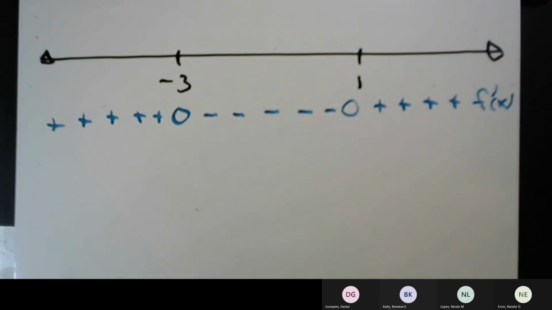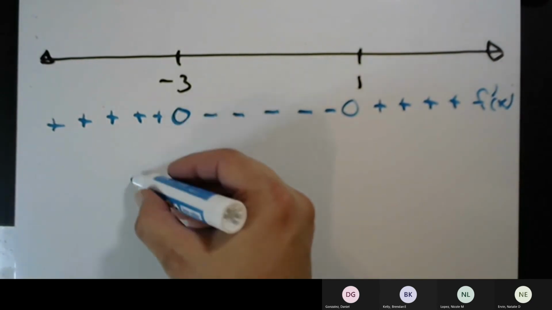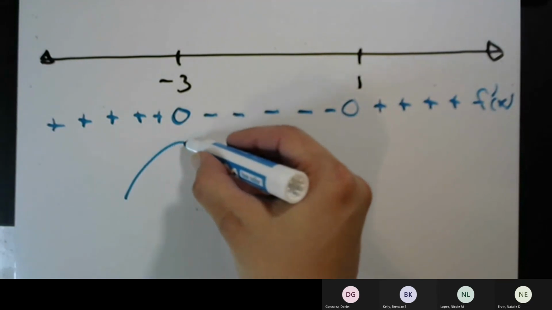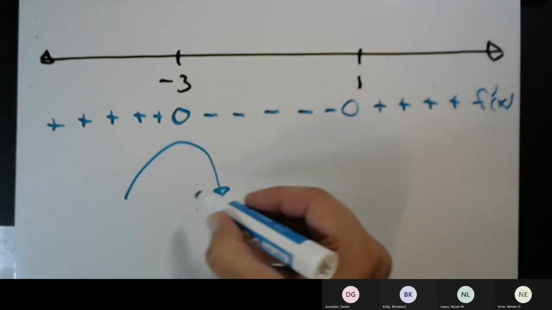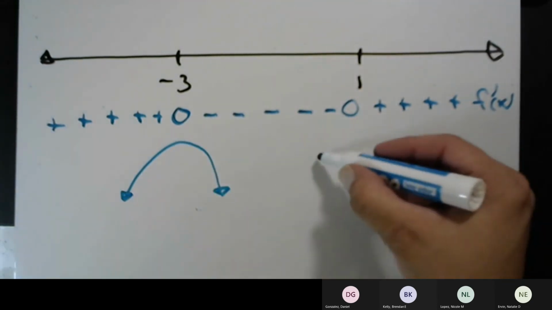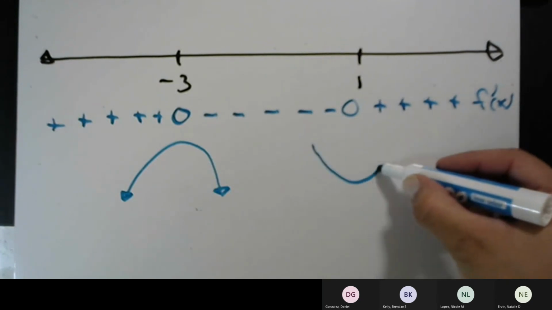So by the first derivative test, what we're looking at is something that looks like this, and here, something that looks like this.